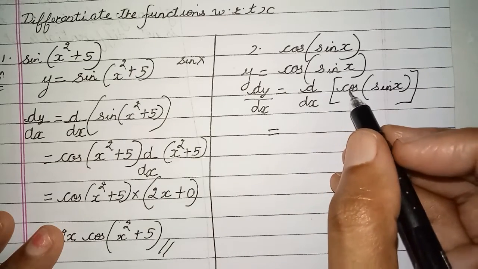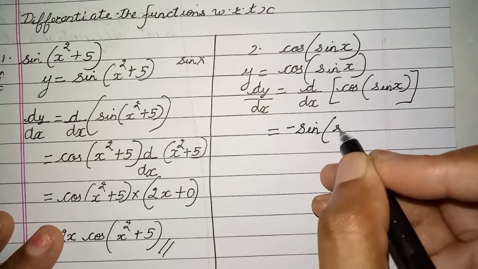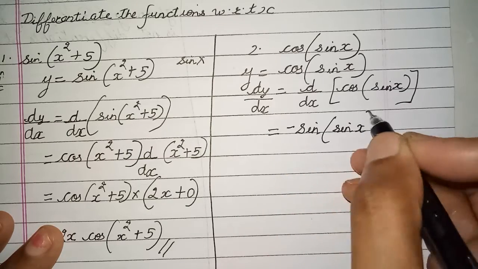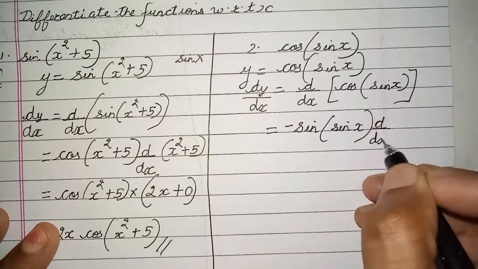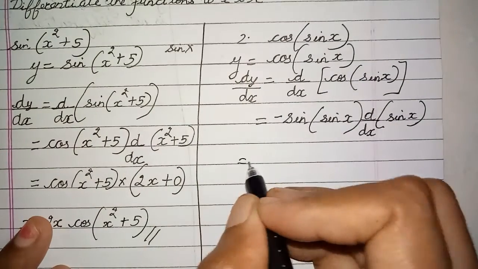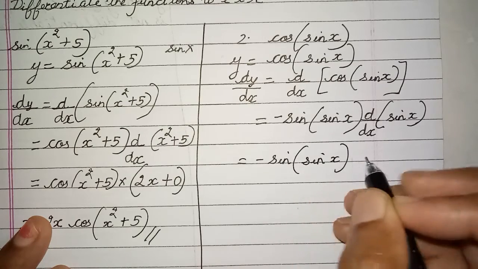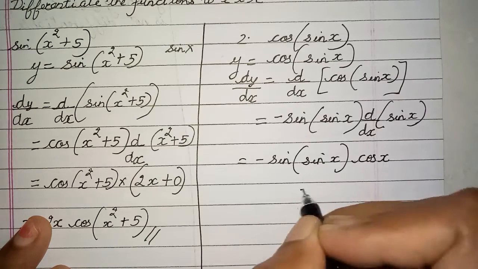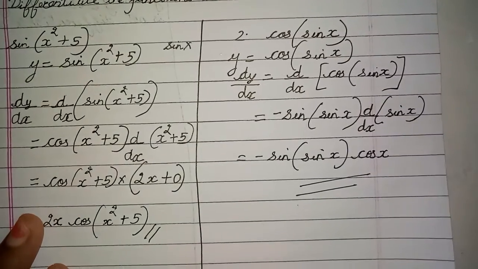So treat this as cos of capital X. The derivative of cos of capital X is minus sine of capital X. Because capital X is not in the standard form, you multiply with its derivative. So this will be minus sine of sine x into cos of x. Here sine of x is a composition function.